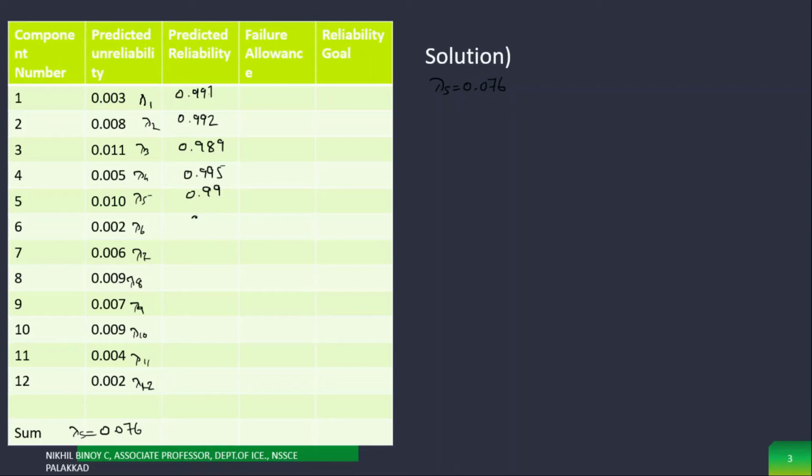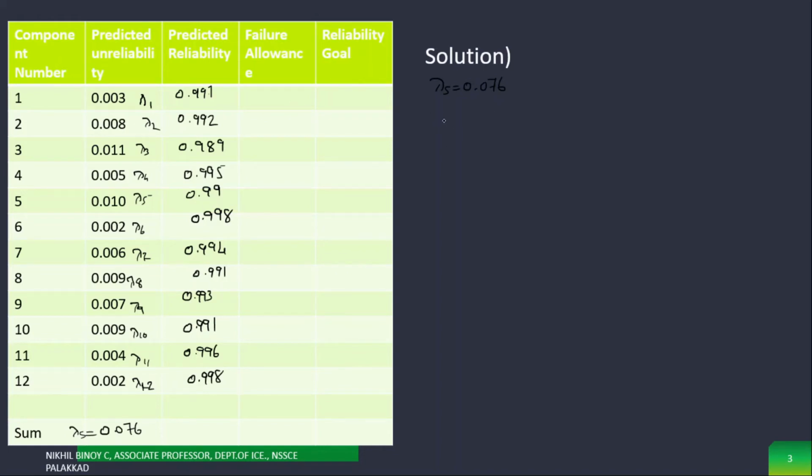This is 0.998. This is 0.994. Then this is 0.991. This is 0.993. This is 0.991. This is 0.996 and this is 0.998. So these are the predicted reliabilities, the given reliabilities of the components.